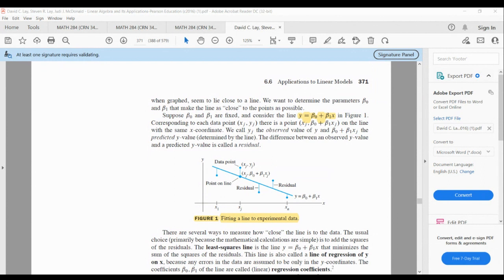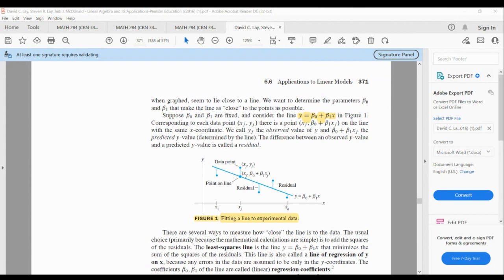But in this case they have it where, in general, as your predictor variable X increases, the observed variable Y decreases. The point is that the data do not all fall on that straight line. So if we wanted to find beta 0 and beta 1, we could not solve that.